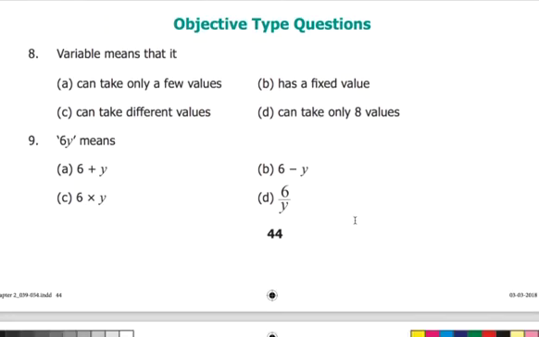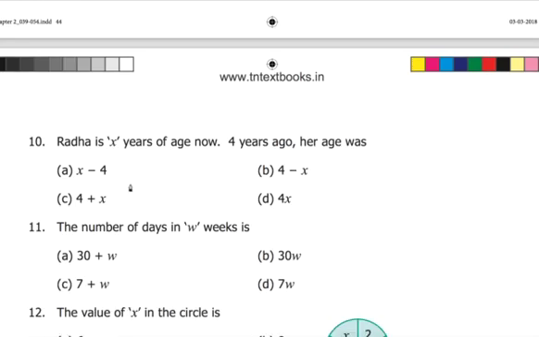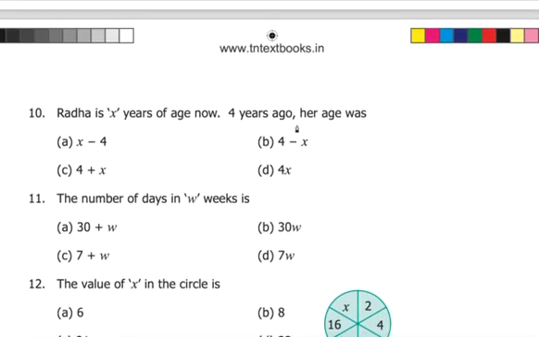Objective type questions. Variable means that it can take only a few values, has a fixed value, can take different values, can take 8 values. 6y means 6 into y. Radha is x years of age now. 4 years ago her age was x minus 4.